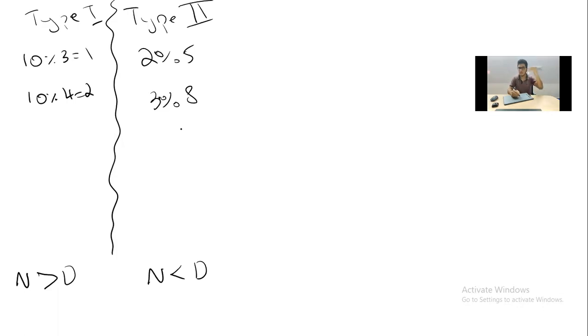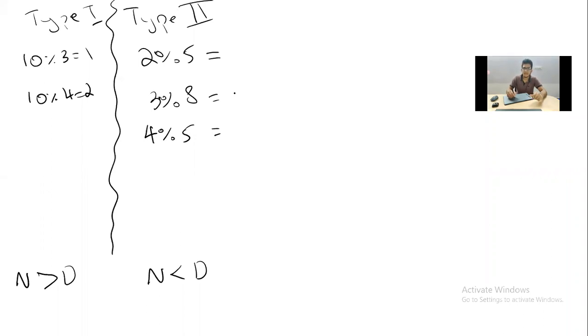Numerator means the number on the top, denominator means the number on the bottom. Now, can anyone tell me what is 2 modulus 5? Does anyone know?